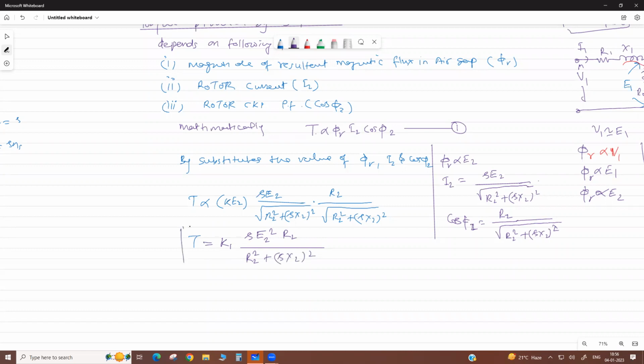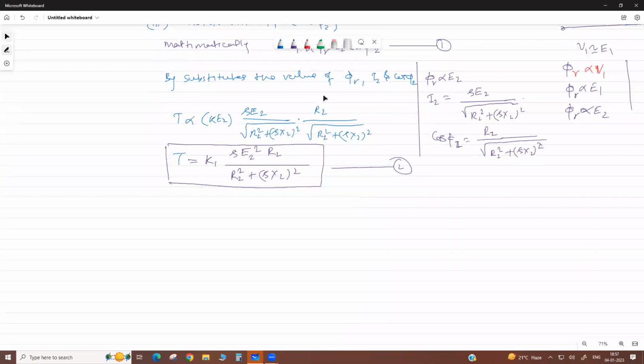So this is the torque equation of your three-phase induction motor, the torque developed. As I told, this torque is directly proportional to the rotor resistance and also the slip.